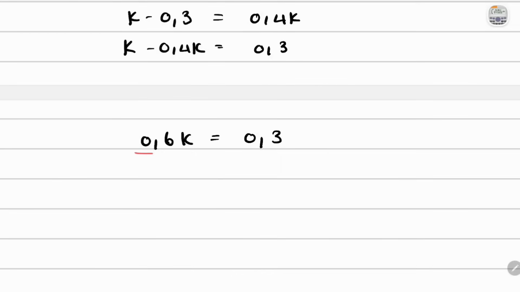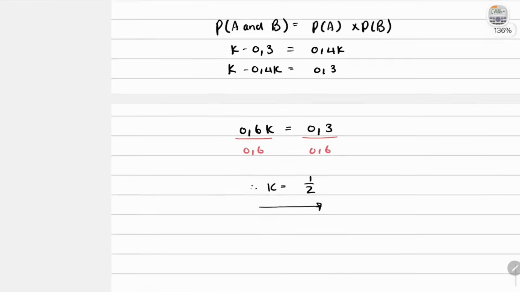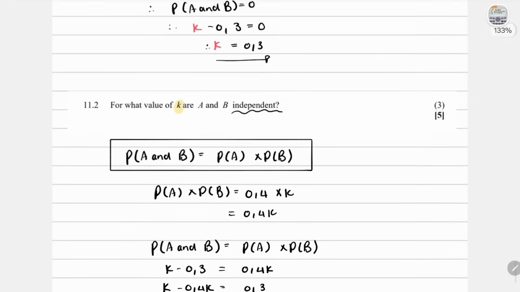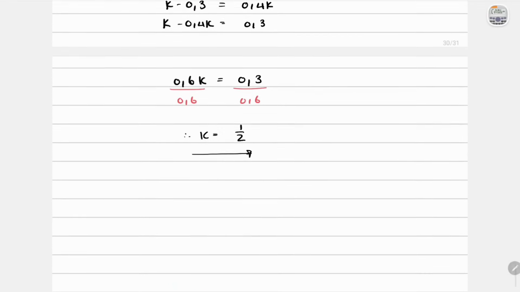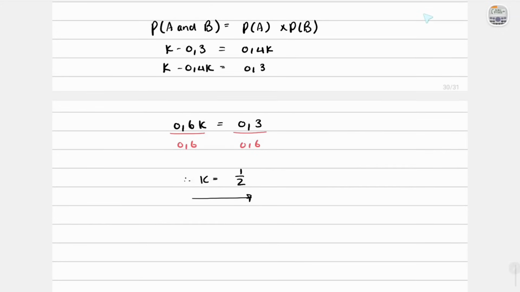And then to solve for K, we can divide both sides by 0.6. Therefore, K is simply equal to 3 over 6, which is a half. And that is our answer. K should be equal to a half for these events to be independent. And that is it for question 11.